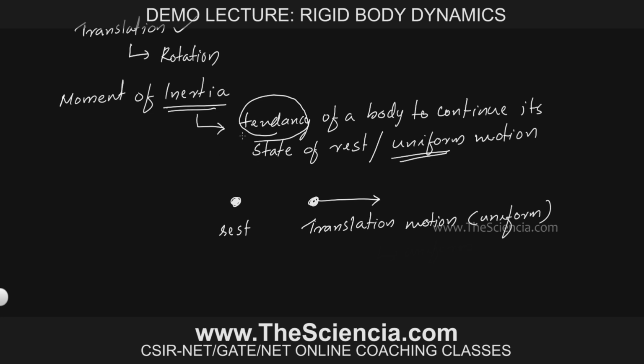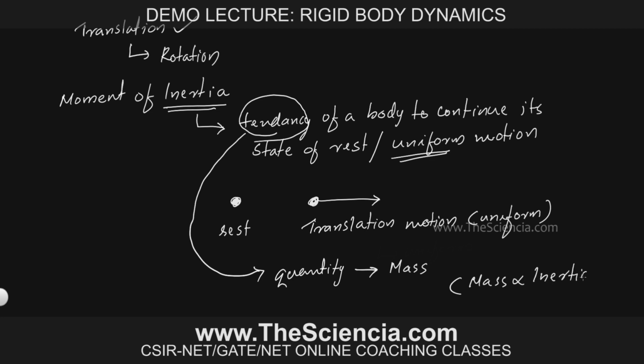We can quantify this tendency. It is a quality, and we can quantify it in terms of mass. So you may already know that mass is proportional to inertia. And I told you we call it mass when it is in uniform motion.